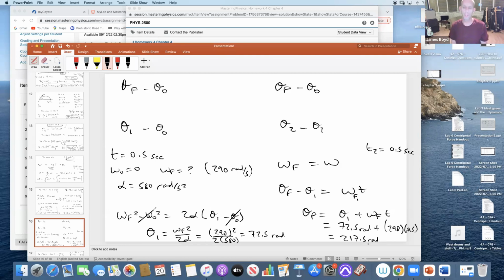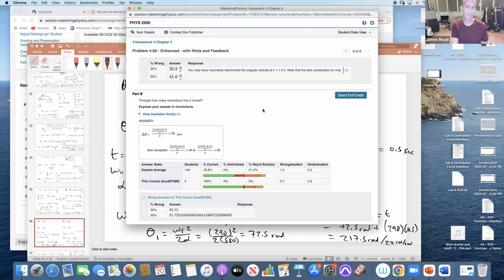But we want revolutions. So again, divide by 2 pi rad per rev. And I get 34.6 revolutions, which they're calling 35.